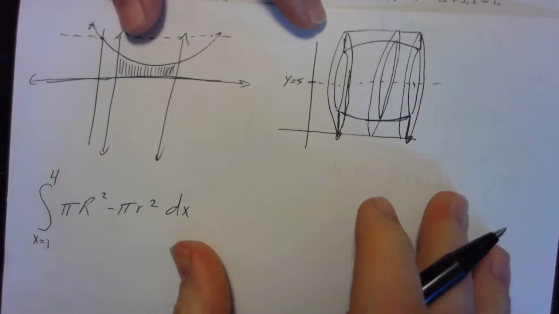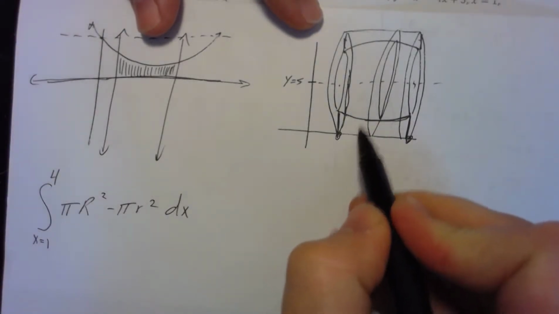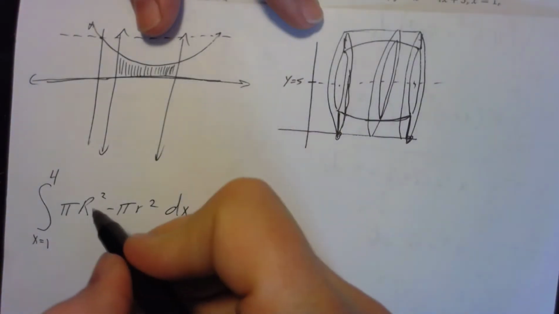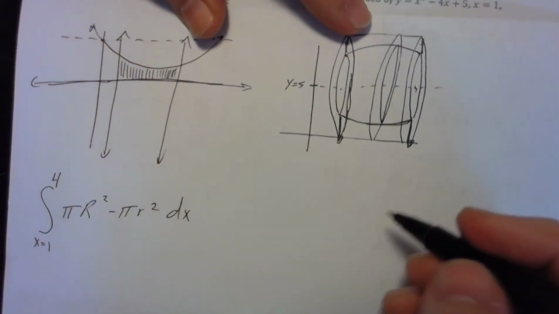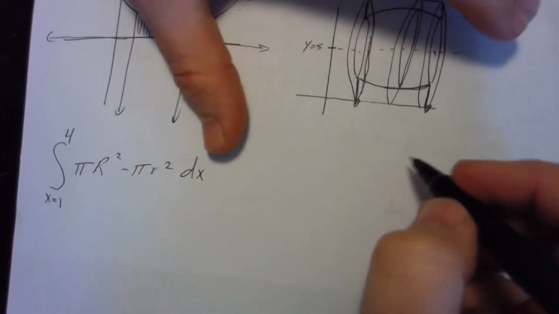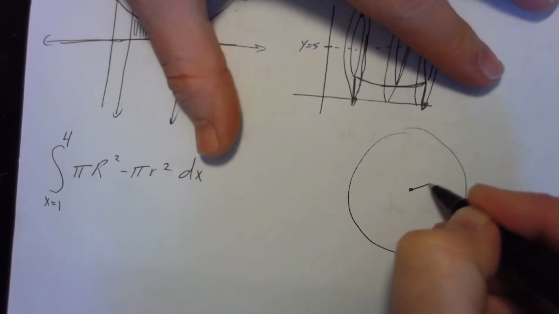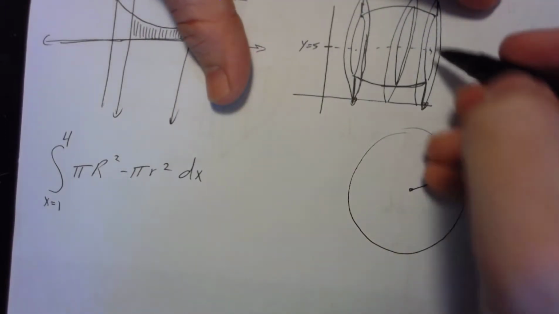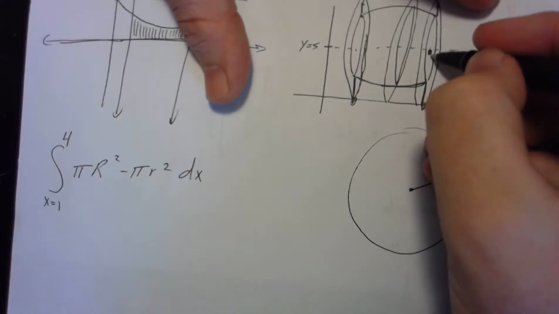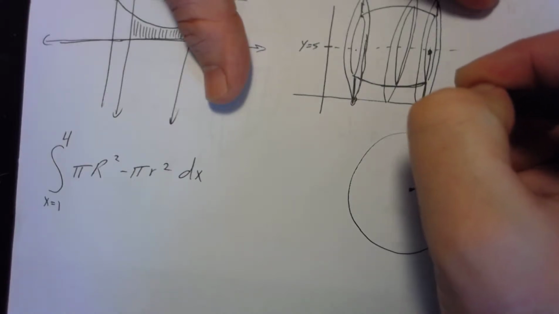The second thing I have to worry about is specifically how I'm going to cut this thing in such a way that I get capital R and lowercase r. If I take this thing out of the space, I'm going to redraw this circle over here. My capital R should represent from here down to here.